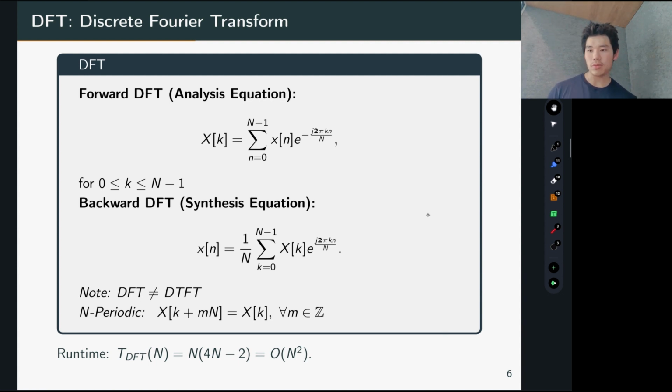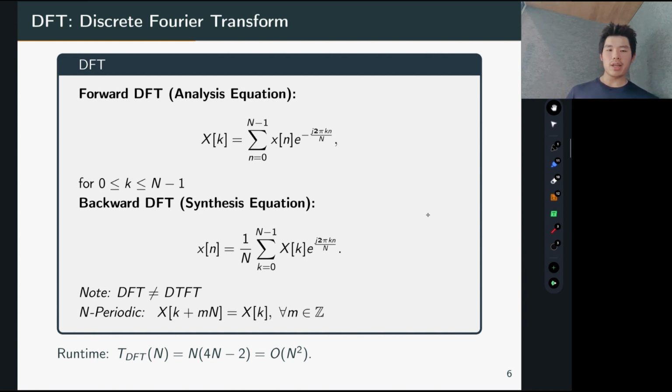It looks very similar to the normal discrete time Fourier transform, which is different in the range of the number of samples, not infinity. And so that's the normal analysis equation, and then you have the normal synthesis equation. And also, because this is discrete time, it's periodic with N.